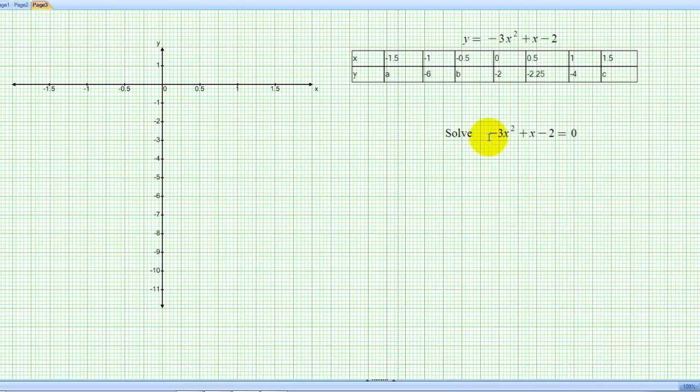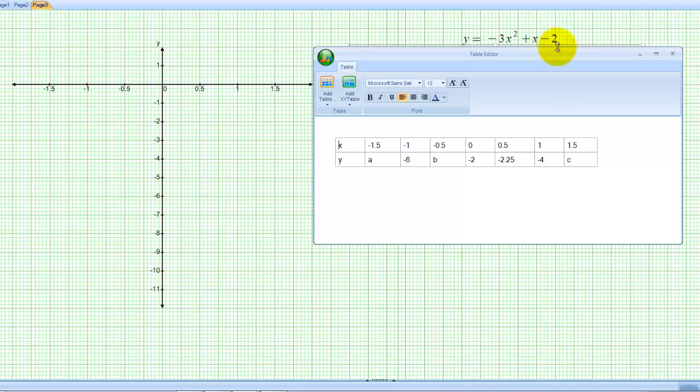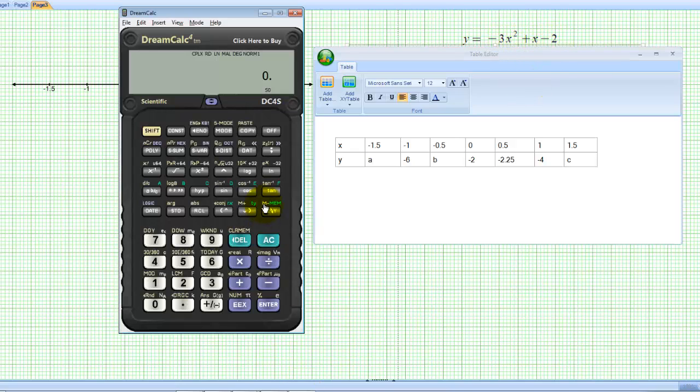We will now look at the last example. To solve the quadratic equation, negative 3x squared plus x minus 2 equals to 0. Once again, we shall now plot the graph y equals to negative 3x squared plus x minus 2. In order to find the value of a, let x be negative 1.5 and hence y will be equals to negative 3 multiplied by negative 1.5 squared plus negative 1.5 minus 2 equals to negative 10.25.